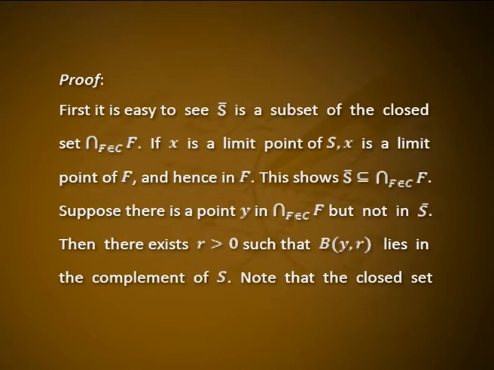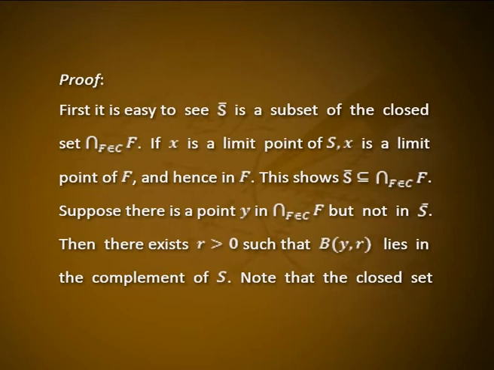Proof. First, it is easy to see S closure is a subset of the closed set, the intersection of F where F is in C. If x is a limit point of S, x is a limit point of F and hence in F. This shows S closure is contained in the intersection of F where F is in C. Suppose there is a point y in the intersection of F where F is in C but not in S closure.